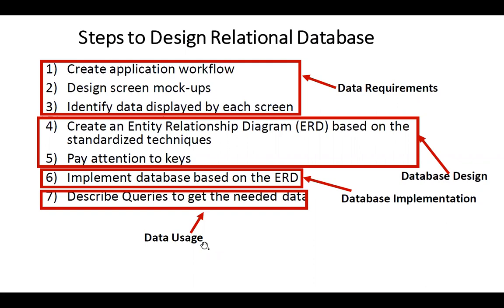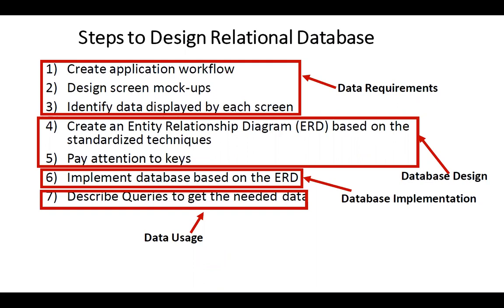That's a key point. As long as we follow the standardized, rigorous process for designing a relational database, once the database is deployed, we are not limited on how we can use the data. Sounds good? We are very familiar with this.